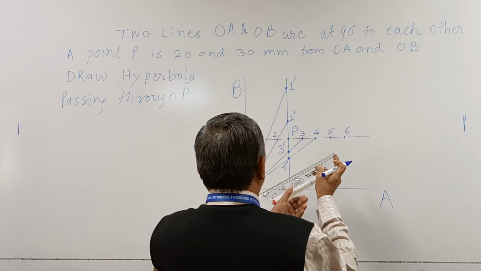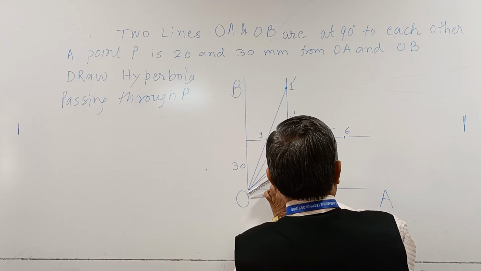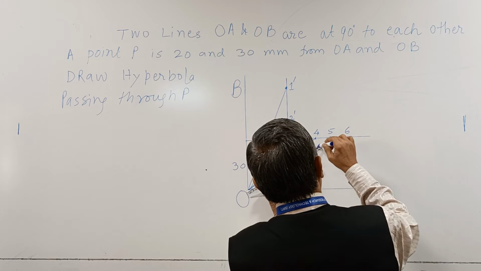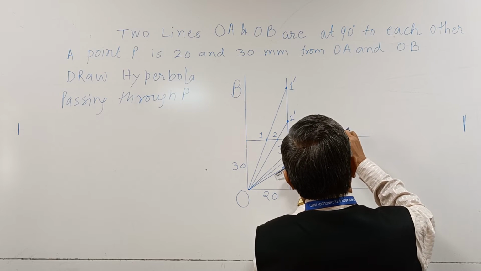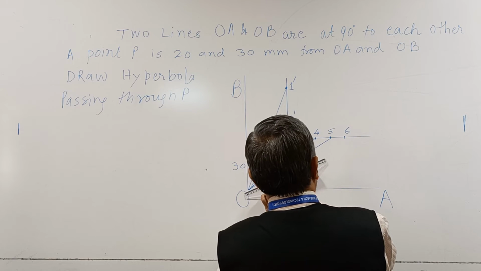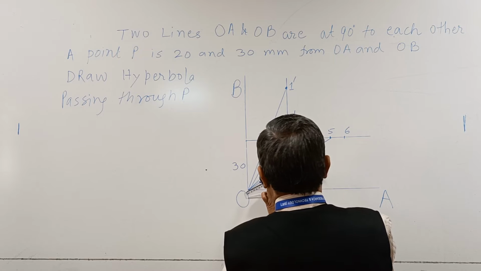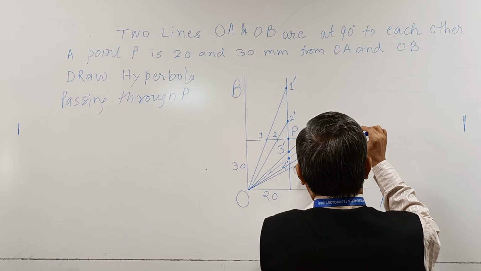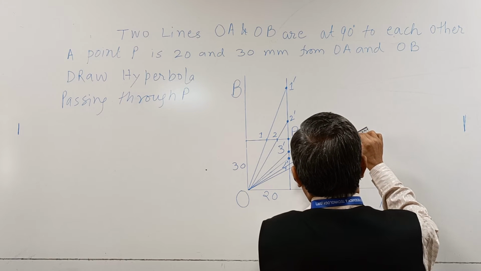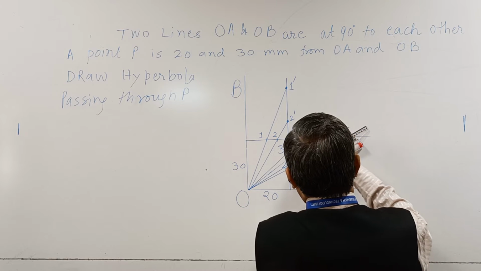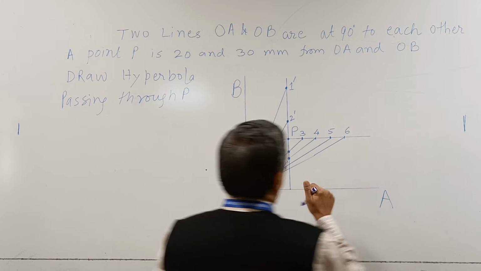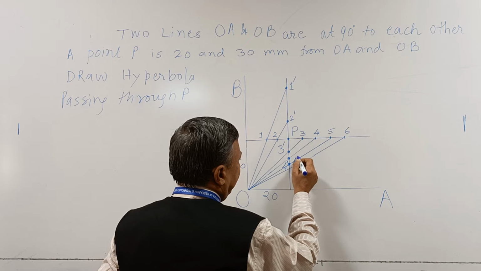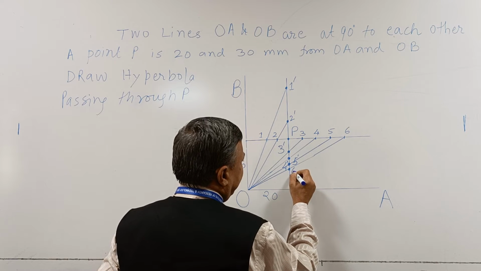And same way, join O to 5. Join O to 6. You get point 5 dash and 6 dash.